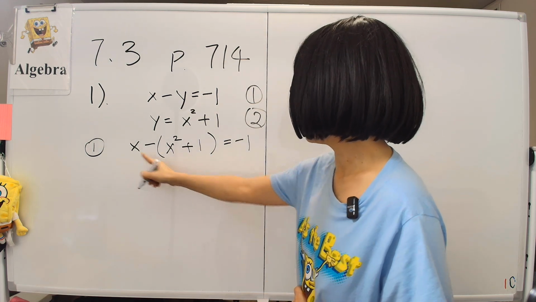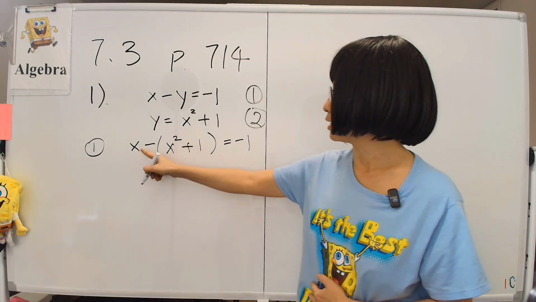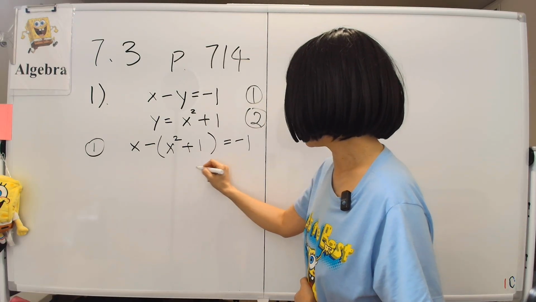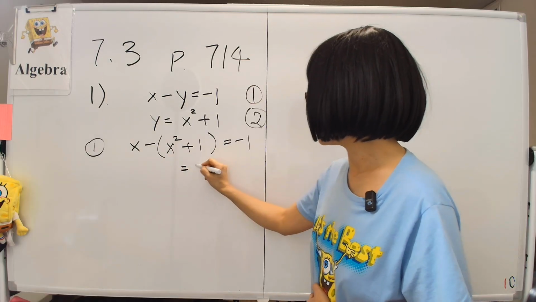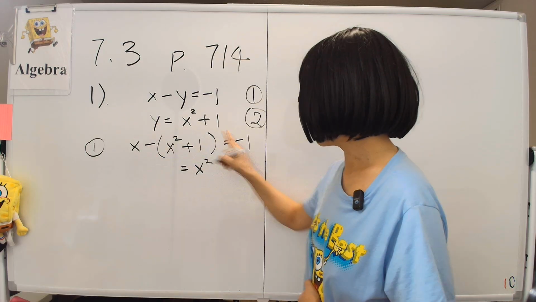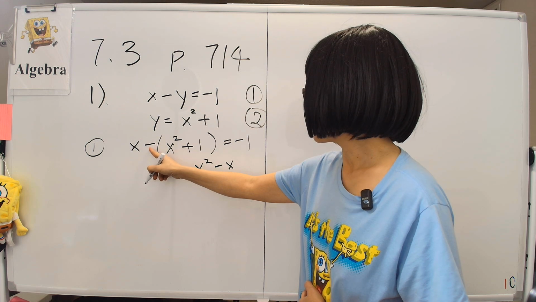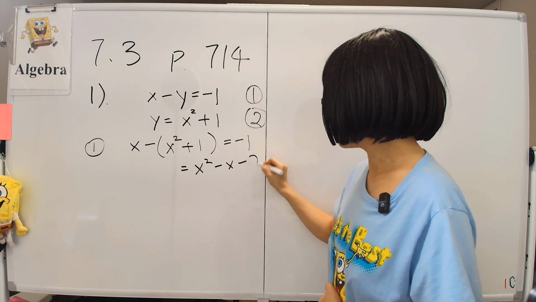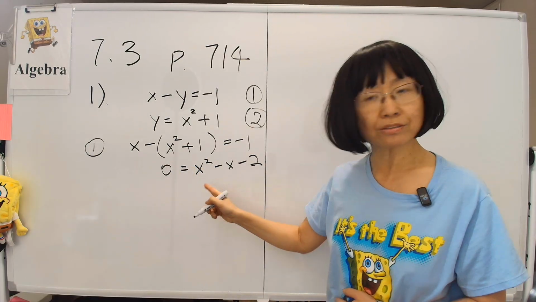Then we have a quadratic equation, right? Because you have x squared and some x and then some numbers. I'll write the terms on this side because x squared is positive, so I'll move everything over here. So I have x squared, and then the x is positive, so it becomes negative on this side. And then the number is -1, move it over here, and here's another -1, so a total of -2, and that equals 0. The reason I'm doing this is because we know how to solve this kind of thing.